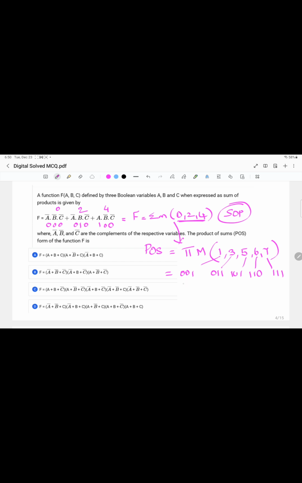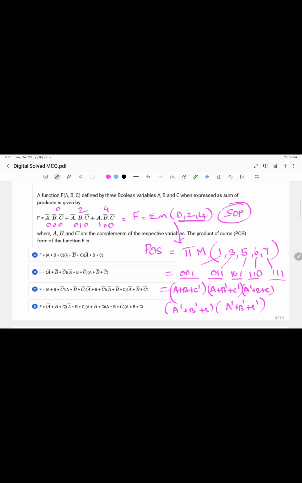You can go and see that 0 0 1 will be represented as a plus b plus c dash, 0 1 1 as a plus b dash plus c dash, then 1 0 1 as a dash plus b plus c dash, 1 1 0 as a bar plus b bar plus c, and the last term 1 1 1 as a bar plus b bar plus c bar. Okay, so these are the equivalents of the terms I have written here.